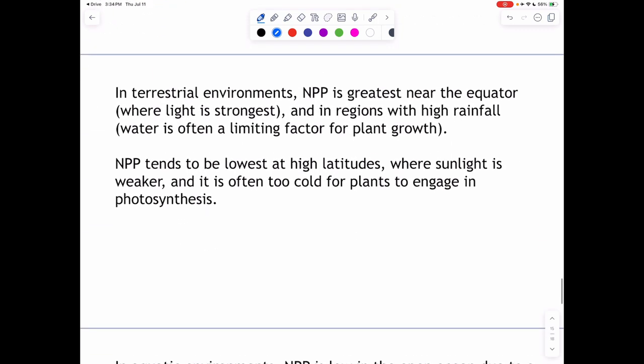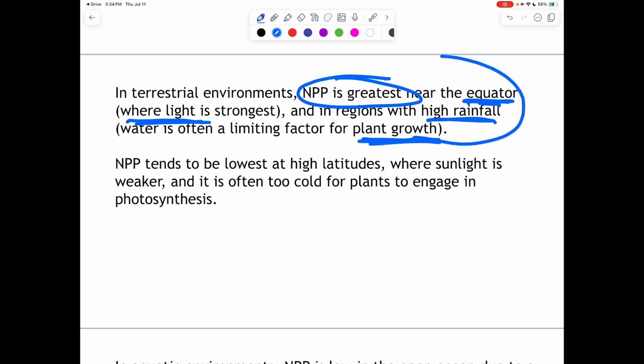So some terrestrial environments, especially near the equator, have a really great NPP. Near the equator, we have a lot of light needed for photosynthesis, and a lot of rain also needed for photosynthesis. So we have high amounts of plant growth, leading to an increased NPP.